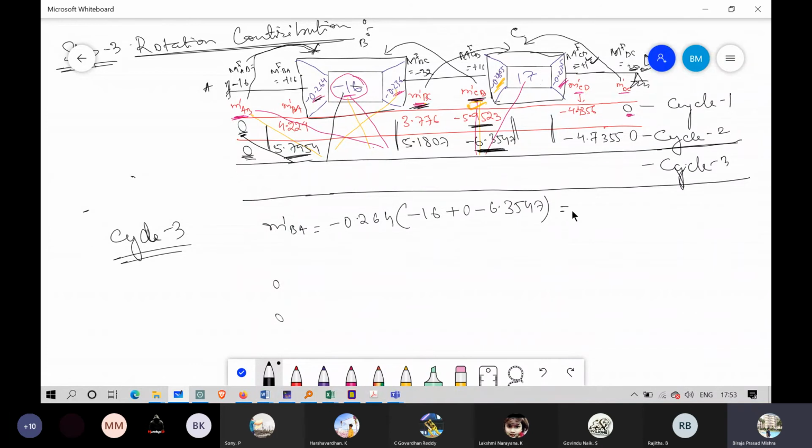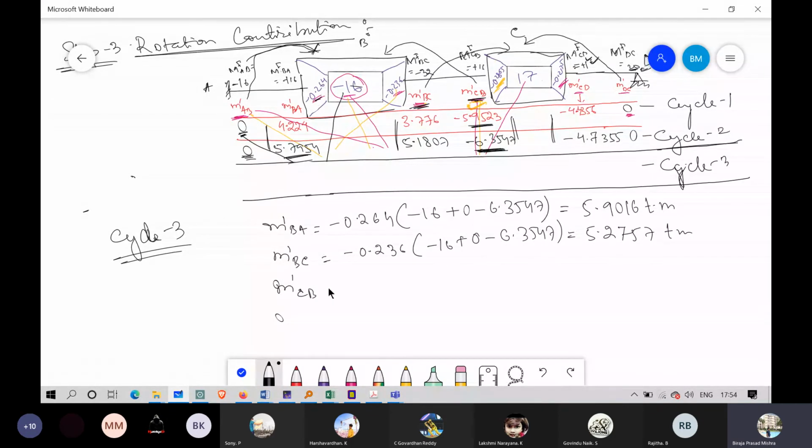So this is coming as 5.9016 ton meter. Next one is M bar BC equals the same, minus 0.236 into minus 16 plus 0 minus 6.3547. So this one is coming as 5.2757 ton meter.